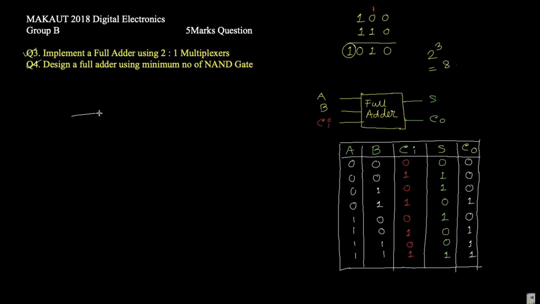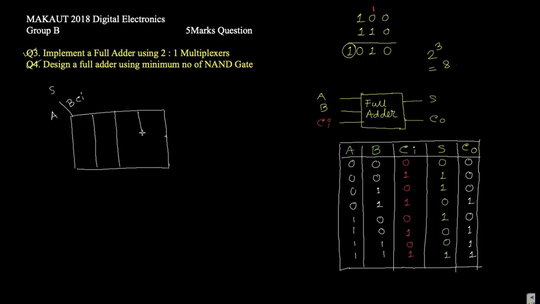So if you want to solve through the Karnaugh map, for solving the S, you have to write S over here, then A and B Ci.